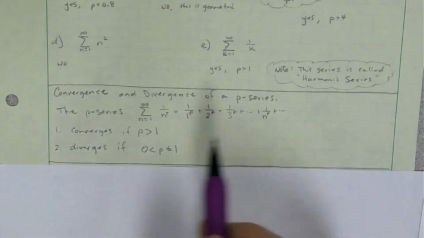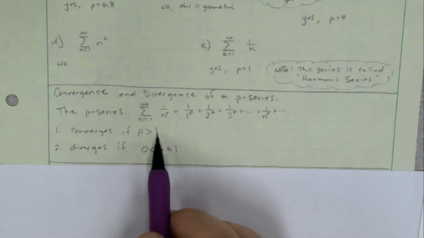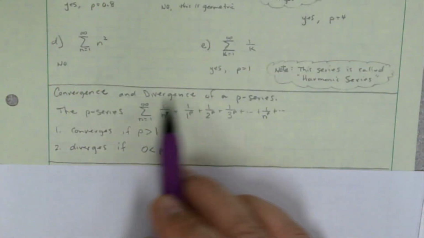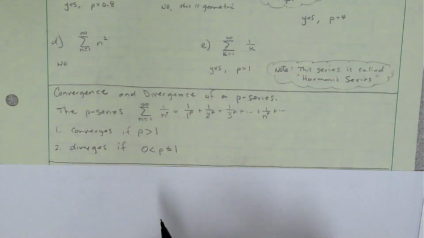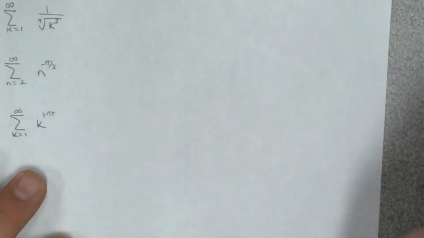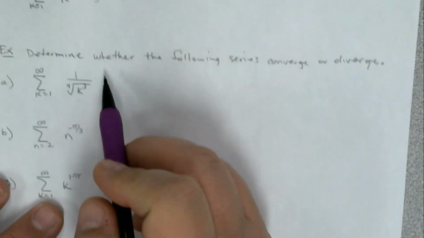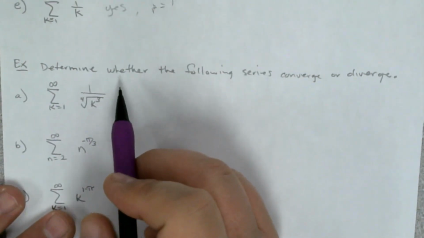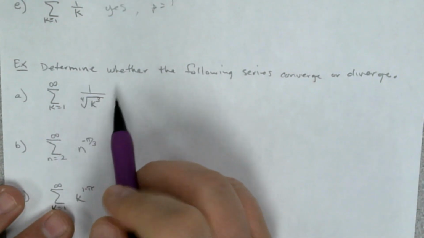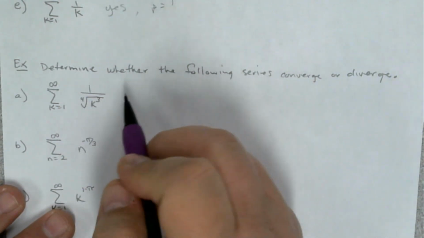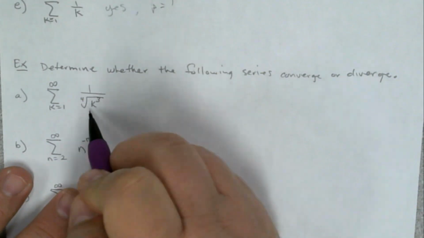Okay? So we're looking for P numbers that are bigger than 1, then I know that this series right here is going to converge. Okay, so let's look at some examples and see if we can determine that. So the first thing you want to do in these examples is make sure it's in the proper form. You want to put it in the P-series form, which means you want to have 1 over k to a power.